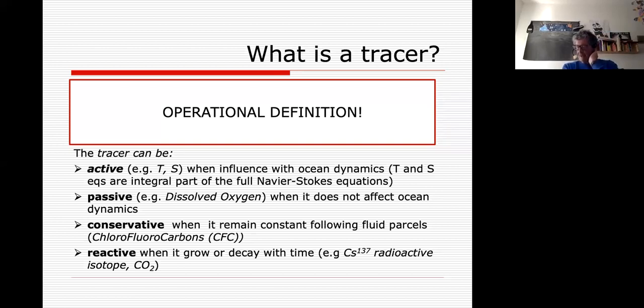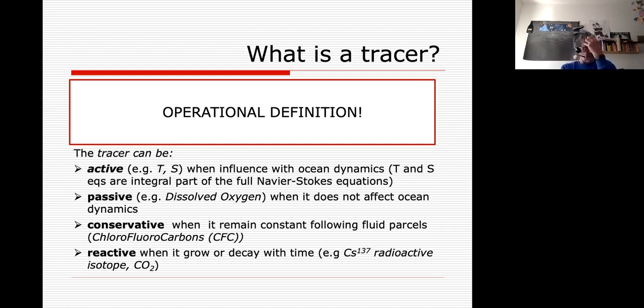But we have to acknowledge that tracers are much more than that, because a tracer can be active. A tracer is called active when it has a direct influence on ocean dynamics. For example, the temperature and salinity equations are an integral part of the Navier-Stokes equations. Temperature represents the thermodynamics of the ocean, and the density equation includes pressure, but also temperature and salinity.